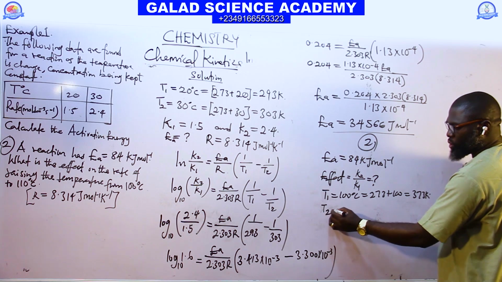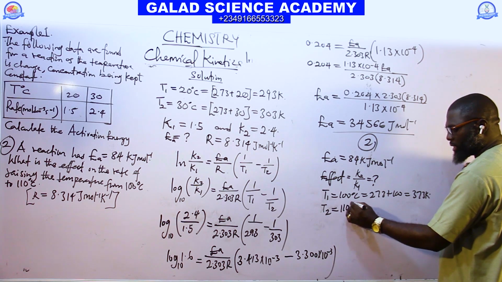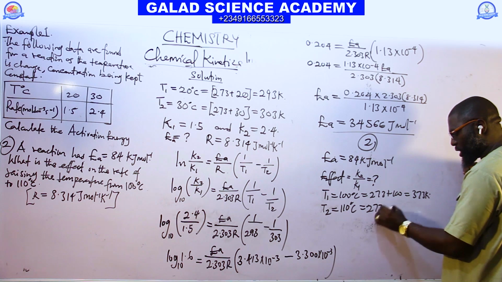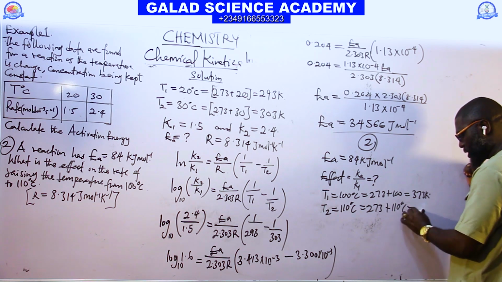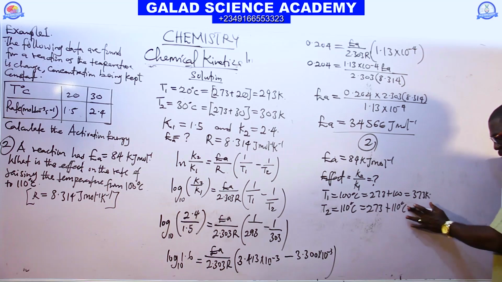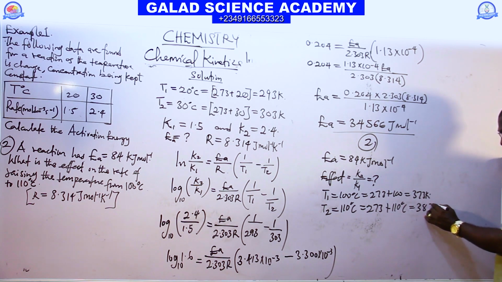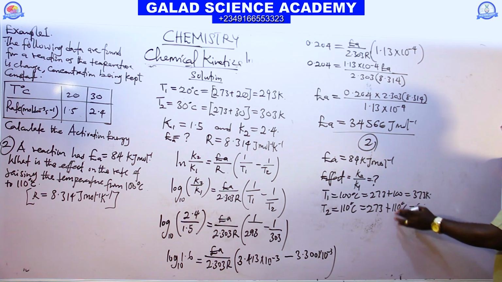The temperature T2 is 110 degrees C, 273 plus 110 degrees C. Add it together, it will be 383 Kelvin.